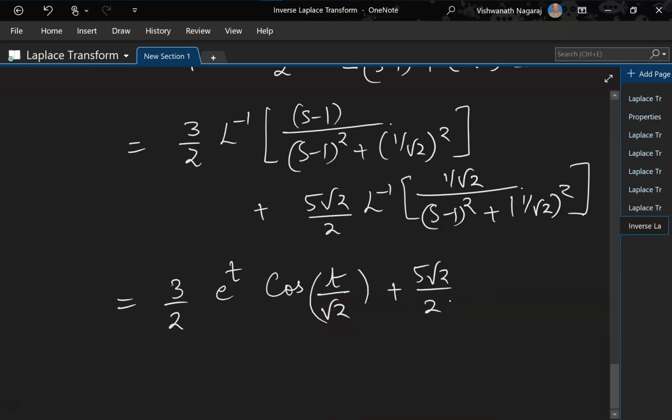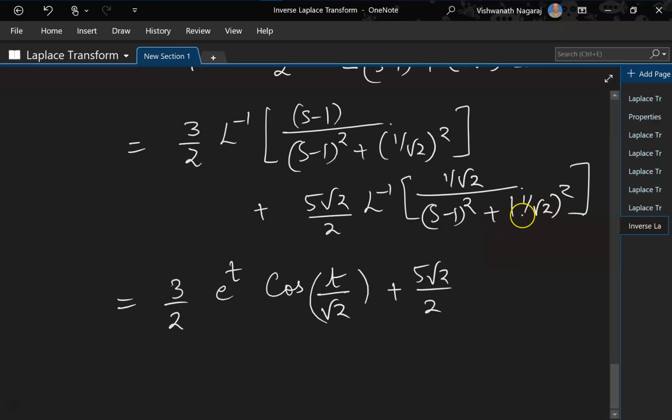by 2. And this is the Laplace transform of what? Again, this is a by s minus k square plus a square.